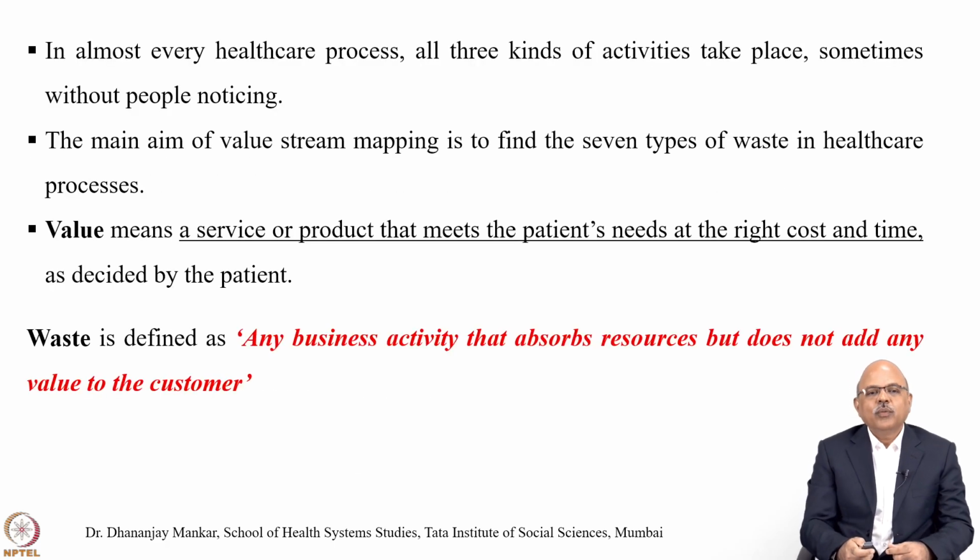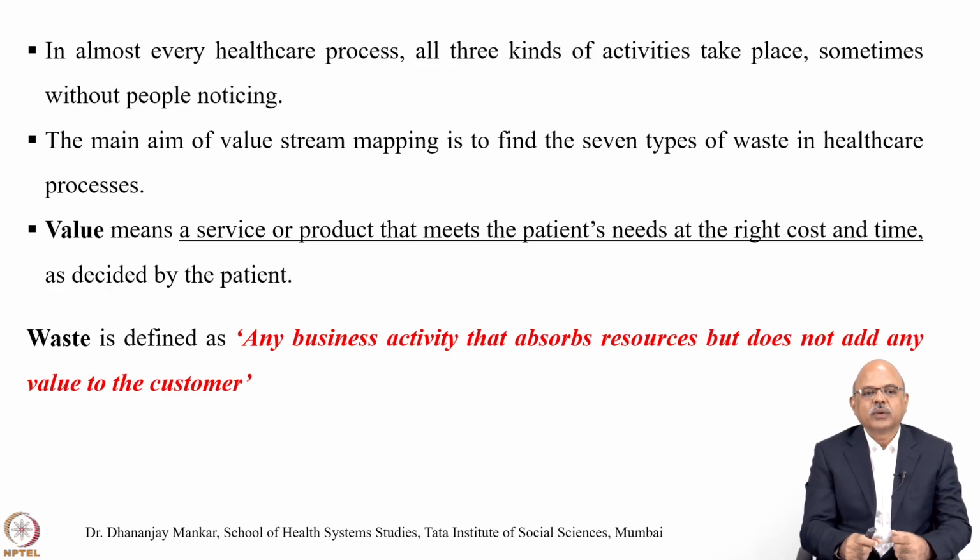So in almost every healthcare process or hospital, all three kinds of activity take place, sometimes without people noticing. Sometimes you may find they are happening so subtly that you will not be able to notice them. The main aim of value stream mapping is to find the 7 types of waste in healthcare processes, so you need to concentrate on the 7 types of waste.